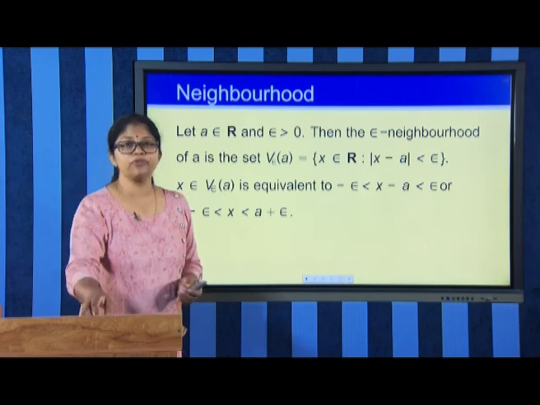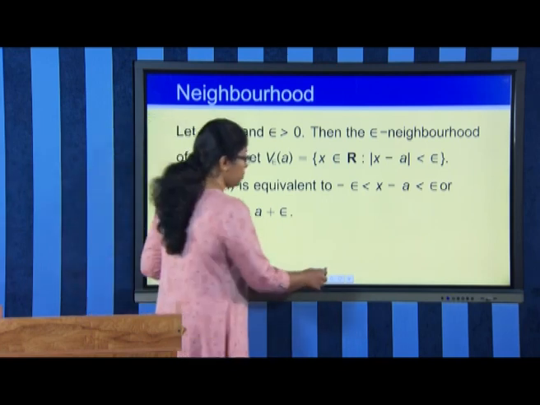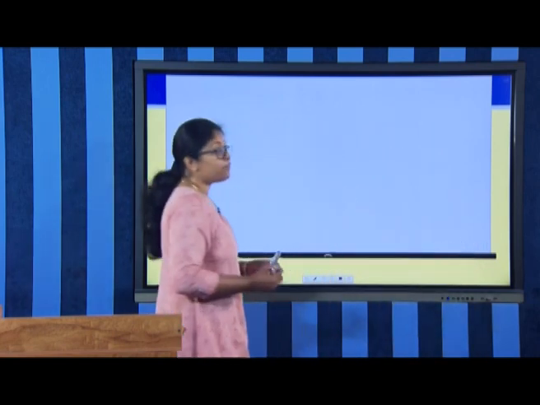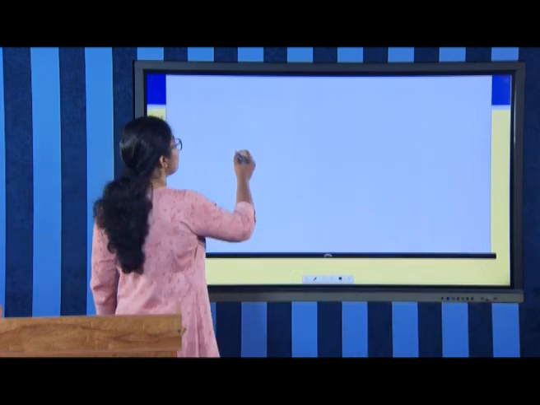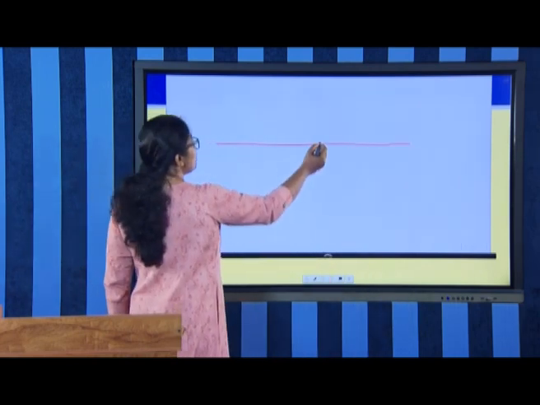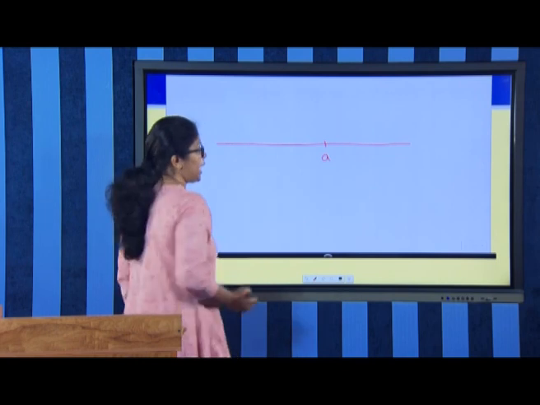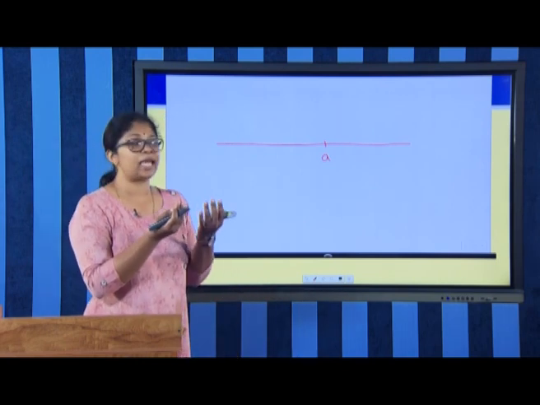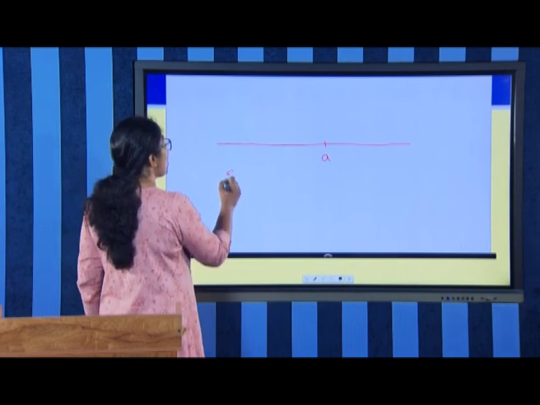So, see how beautifully we have defined an epsilon neighborhood. We have been discussing that real numbers lie on a line. Whenever you have a real number, say A, we need to find its epsilon neighborhood. Say epsilon may be equal to half.